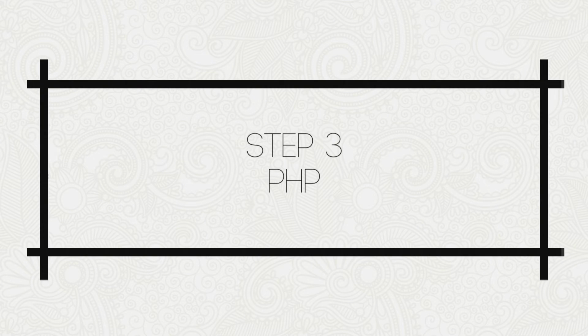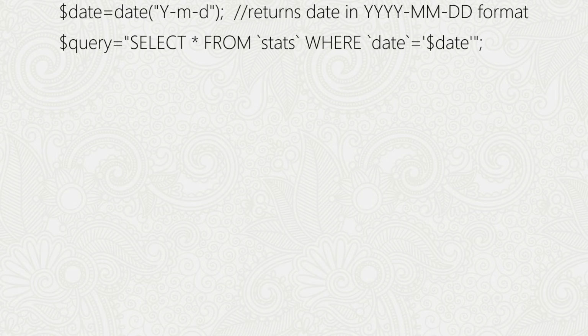Now moving to step 3, that is PHP, where we're going to code the counter. So the first thing that we're going to do is get the date in YYYY, MM, and DD format using the date function, and we'll store the date in a date variable. Secondly, we're going to write a query which will fetch the record for the current date.